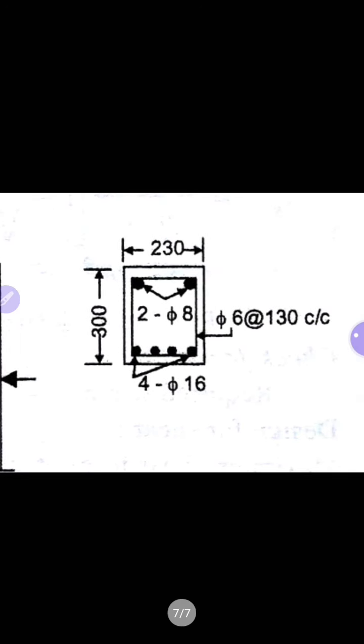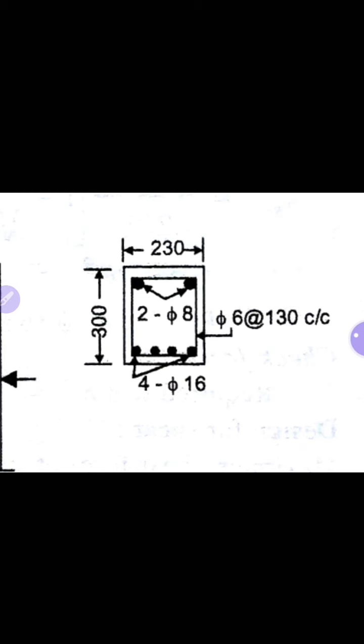This is the cross section. What you can see in the cross section, at the tension side, means at the bottom, we are having 4 bars of 16 mm diameter. This inside rectangle is a stirrup, and here you can see at top 2 bars of 8 mm diameter are provided. These bars are not at all resisting any kind of load.